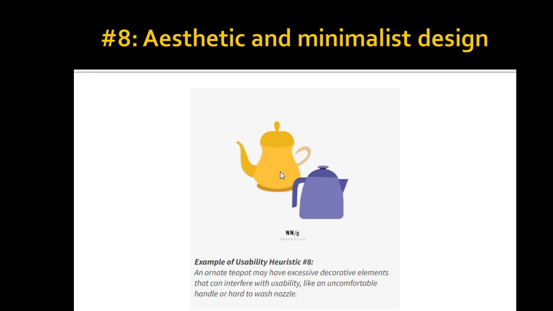This is the ornate teapot, which may have excessive decorative elements that can interfere with usability, like for example an uncomfortable handle or hard to wash nozzles. It looks very good, but you notice that the nozzle could be hard to wash and maybe the handle is uncomfortable.